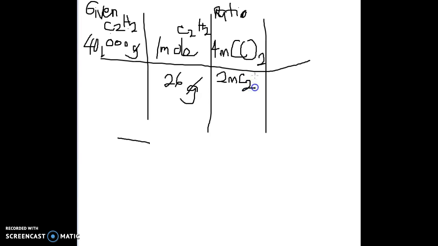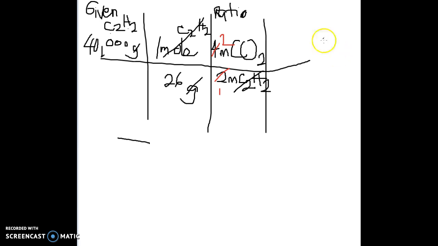That one is C2H2. So you're going to cancel your moles of acetylene, and now you are at moles of CO2. And yes, if you want to, you can reduce your 4 over 2 to 2 over 1 when you do your math.